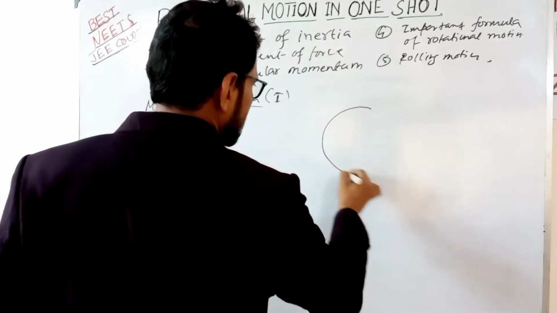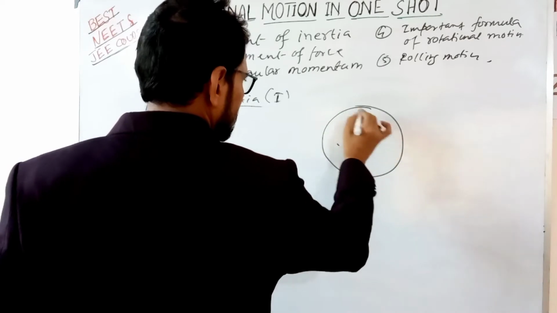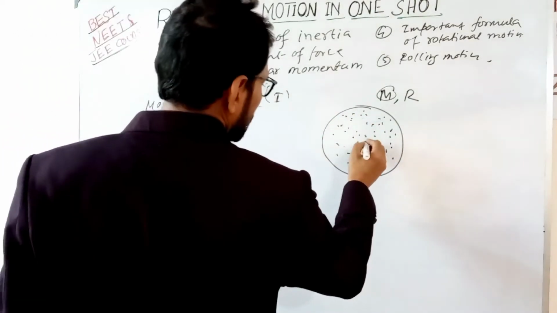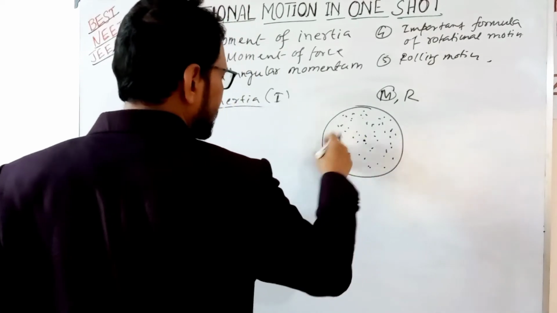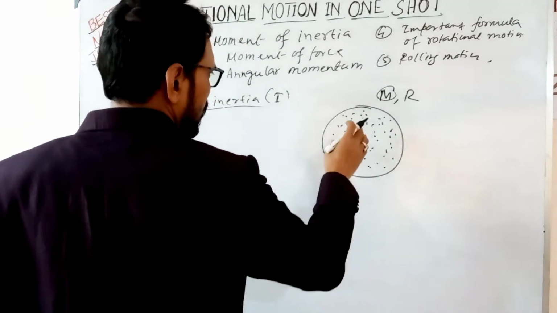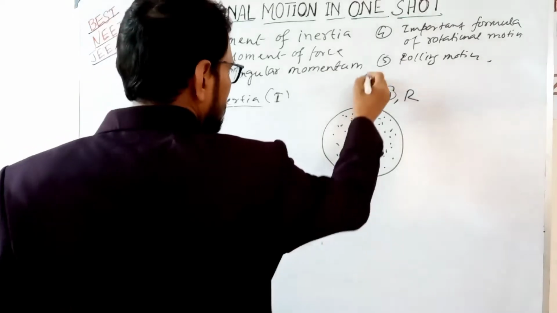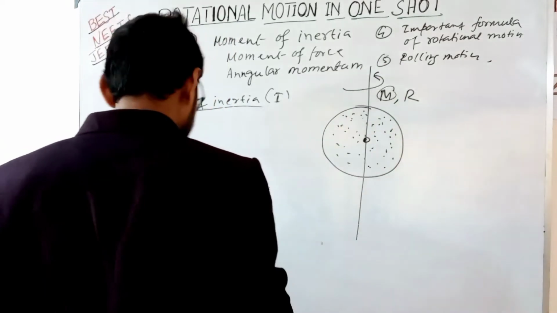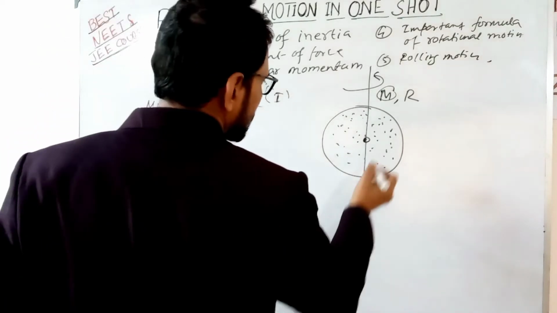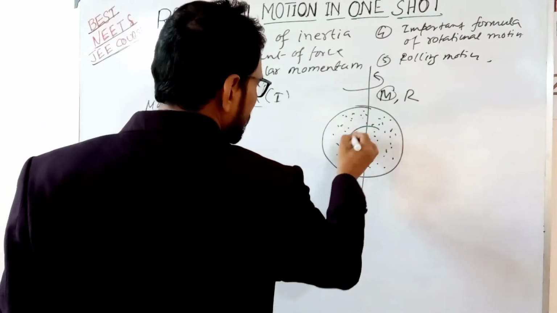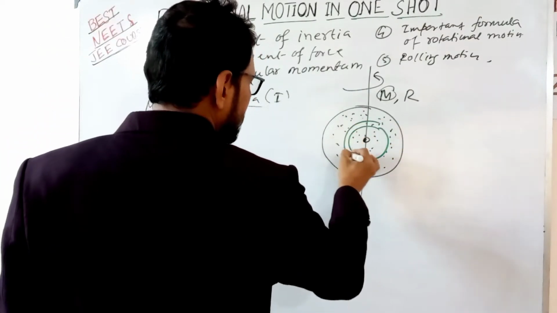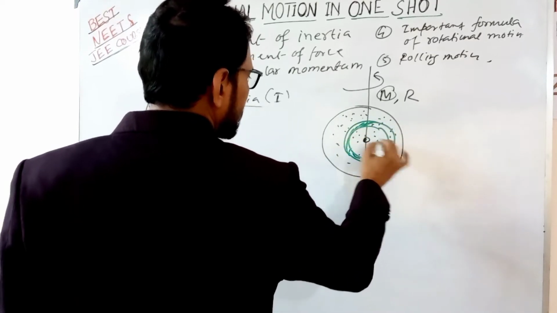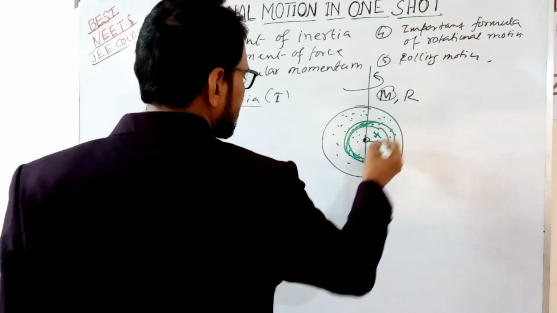Moment of inertia of the disk. Suppose we consider infinitely many point masses forming the whole mass m. Now this axis of rotation passes through the center. What is the moment of inertia of the disk? To calculate this, we consider an elementary stripe at a distance x, whose thickness is dx.